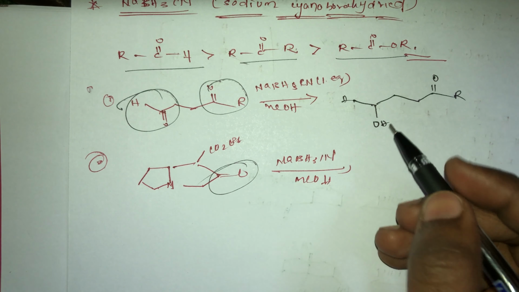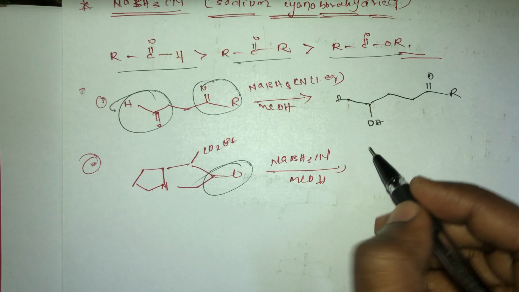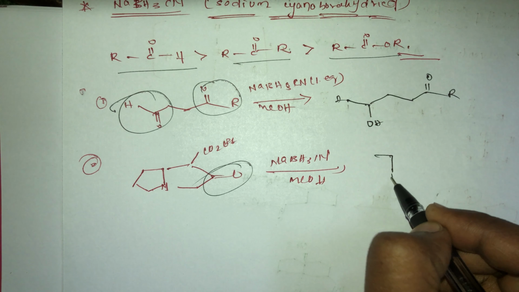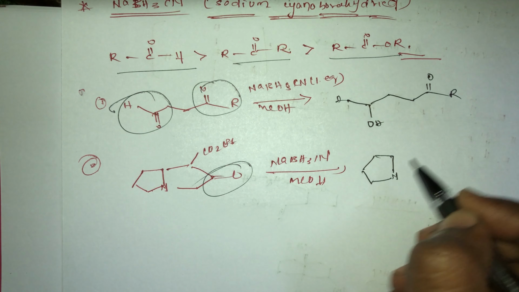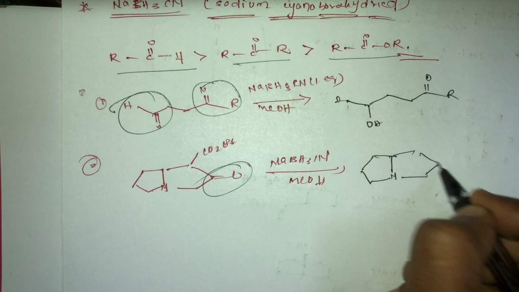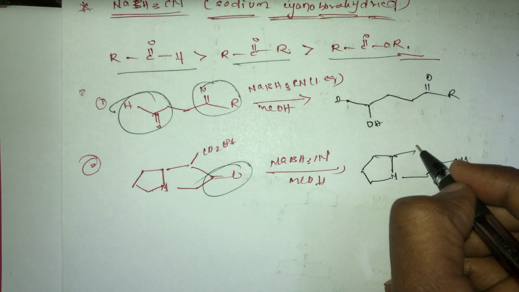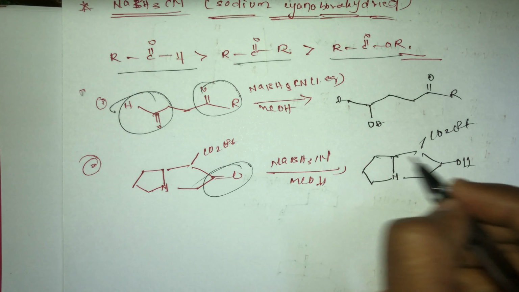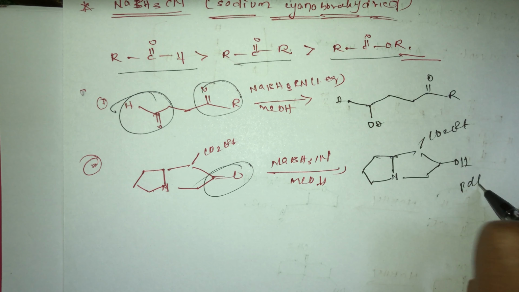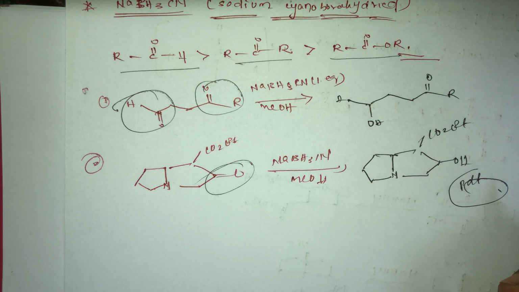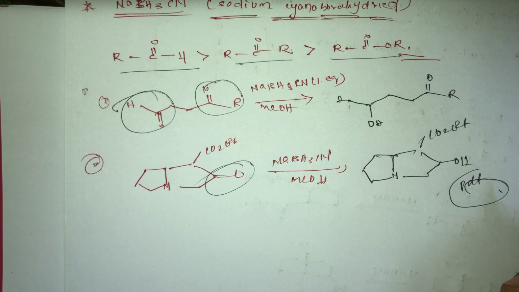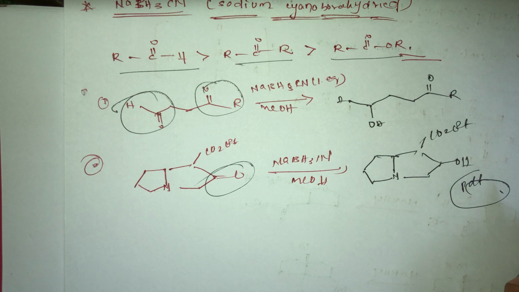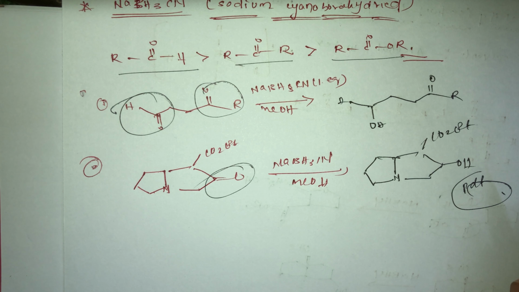Obviously the ketone will be reduced instead of the ester. So you can keep OH and you can keep CO2Et. This is our product. That is the reason we use sodium cyanoborohydride instead of sodium borohydride.